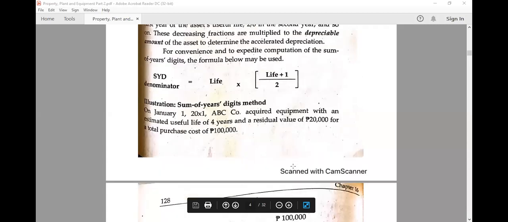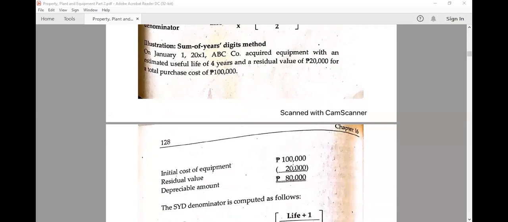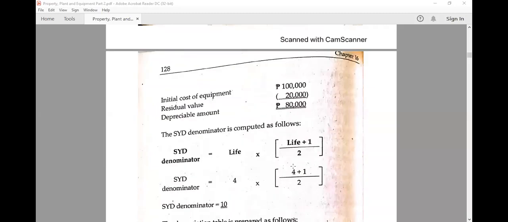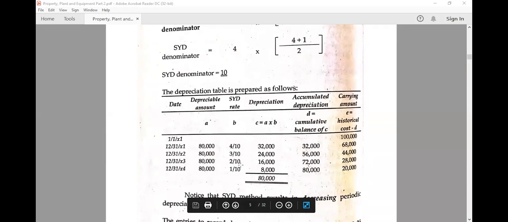Next, for the sum of the years digits method, we still have to use the depreciable amount to compute the SYD depreciation. For 4 years, the sum of 1, 2, 3, and 4 would be 10. Our depreciation fractions would be, for the first year, 4 over 10, second 3 over 10, and so on. To get the depreciation, we simply multiply the depreciable amount by the SYD rate. Accumulated depreciation is still the same concept wherever we go. That's the total of depreciation expenses.